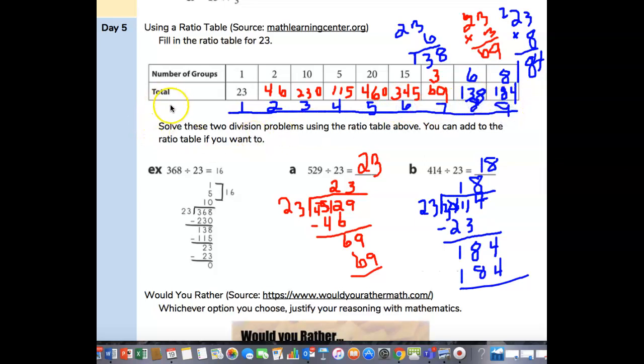Now, let's say we have the number 16. So 1 would be 16, 2 would be 32, or 16 and 16 is 32. 3 would be 48. And now you can skip count too. 48, see 32 plus 16 is 48. 48 plus 16 is 64. You see? 64 plus 16 is 80.